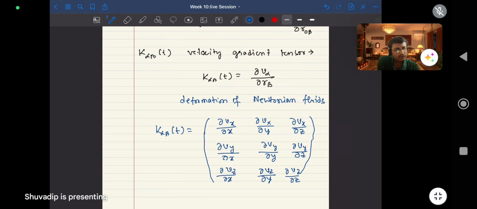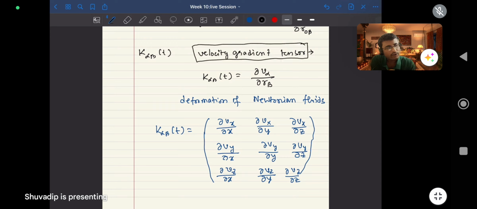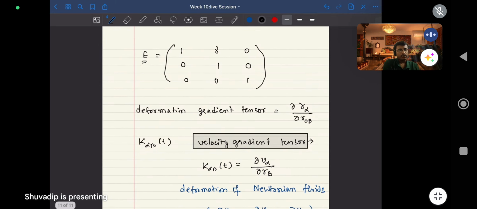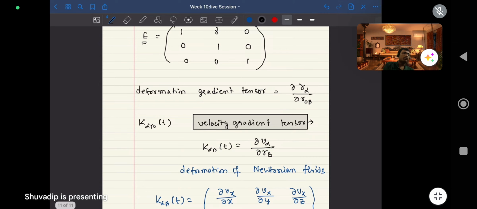So this is called the velocity gradient tensor. This is useful in studying the deformation of liquids, Newtonian fluids. And the other, the deformation gradient tensor, is mostly useful for studying the deformation of solids.